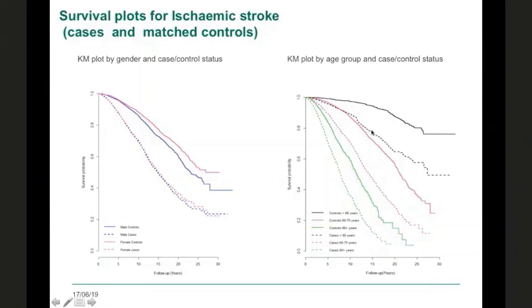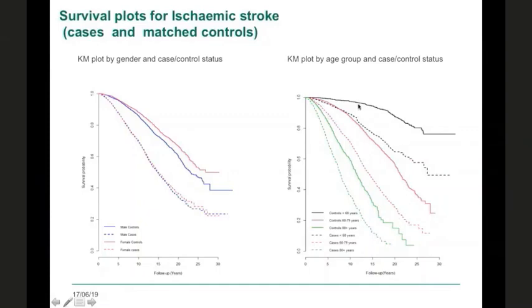The diagram on the right is the Kaplan Meier plot by age group and case control status. So we have split age into three groups: less than 60 years, 60 to 79, and 80 plus. As we can observe again, the dashed curves represent cases and the solid ones represent controls.